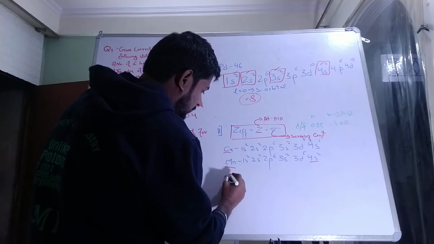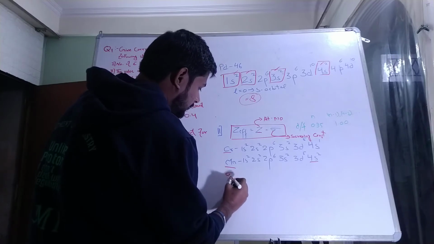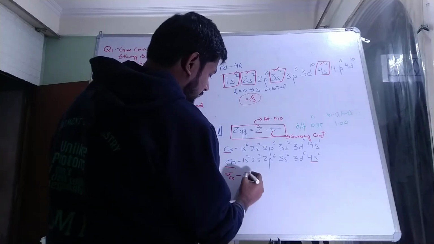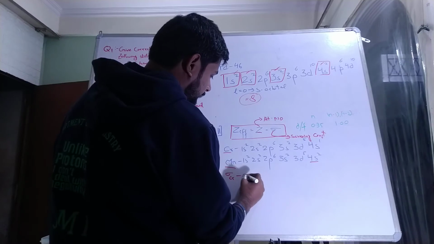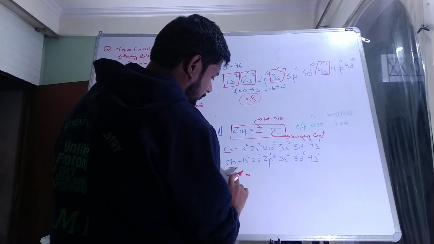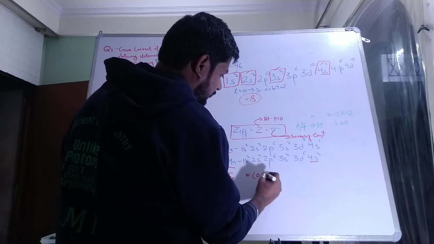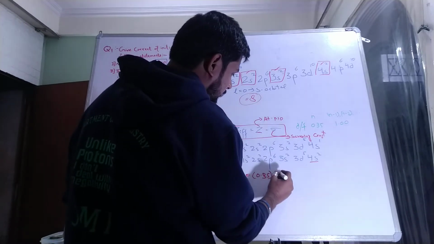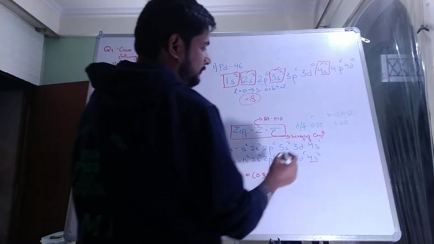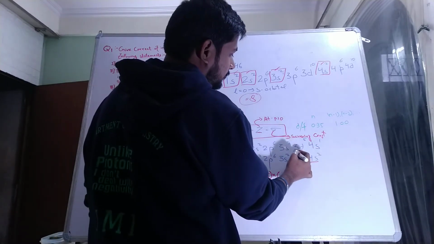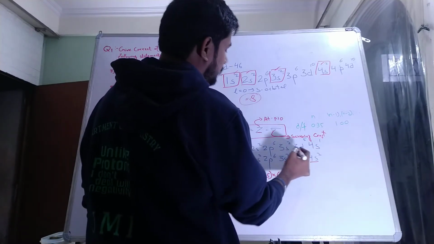So we have to calculate first of all rho for Cr. It will be 0.35 multiplied by n, which will be 3.